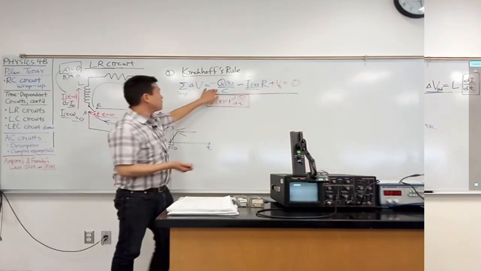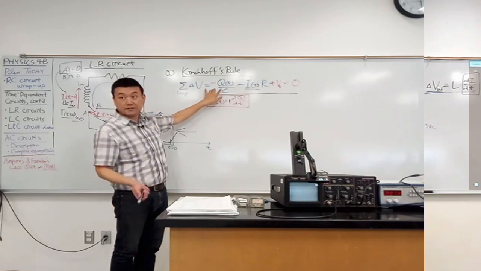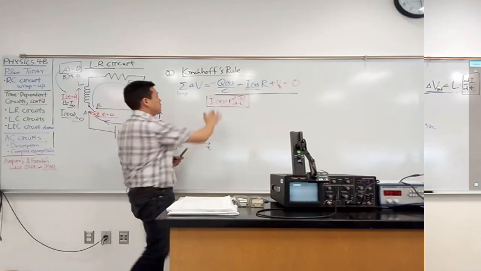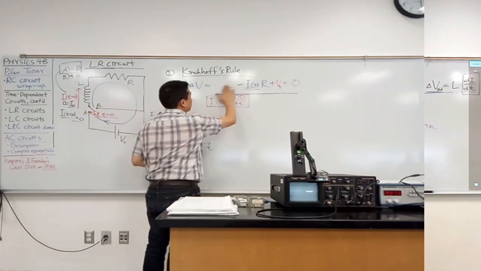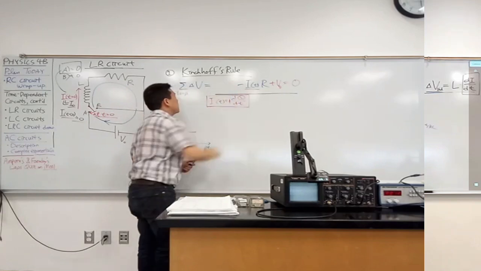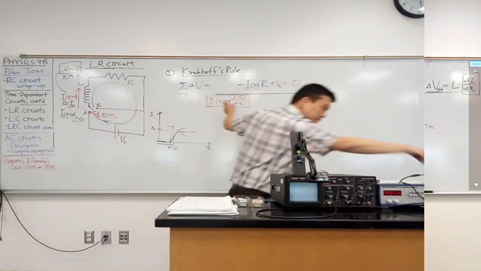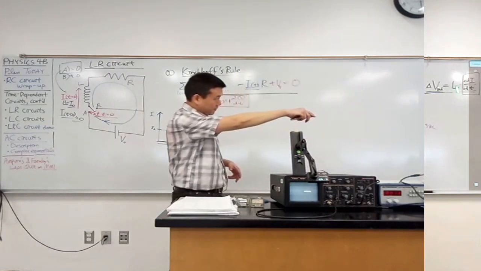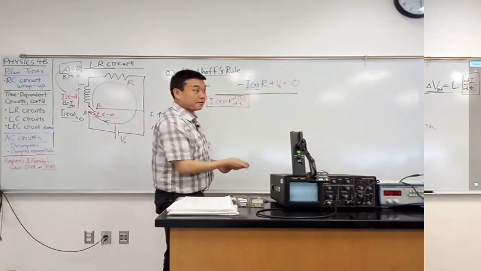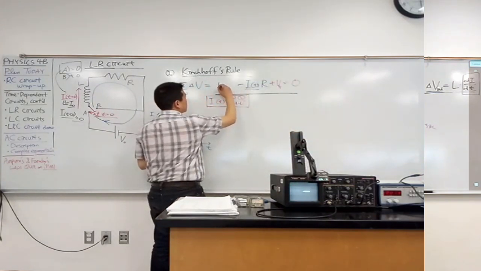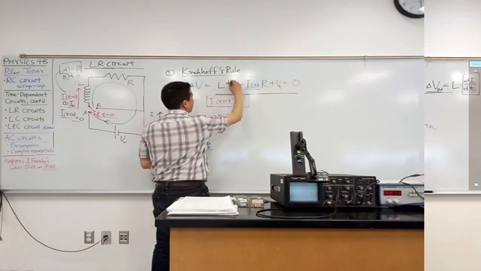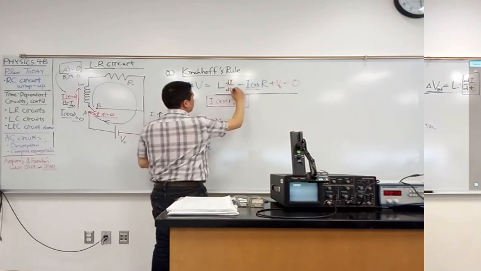So the very first term was written for the capacitor, which I don't have anymore. So I should change it to my inductor term. I'm looking for the voltage difference as I go across the inductor. Well, lucky me, I already have that written there. So it's going to be inductance times di dt.